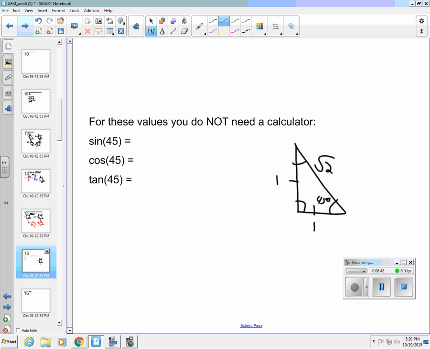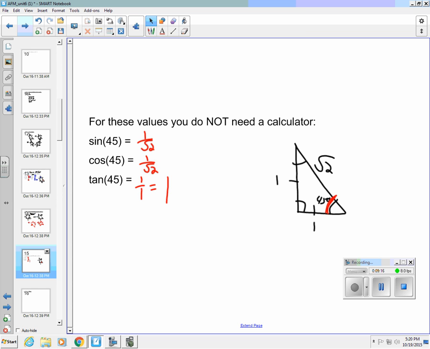We can go through and find our 3 trig ratios. Looking at the 45-degree angle, sine would be opposite over hypotenuse, 1 over square root 2. Same thing with cosine, adjacent over hypotenuse, which is equal. And for tangent, it would be opposite over adjacent, 1 over 1. So you can simplify that, tangent 45 is just 1.